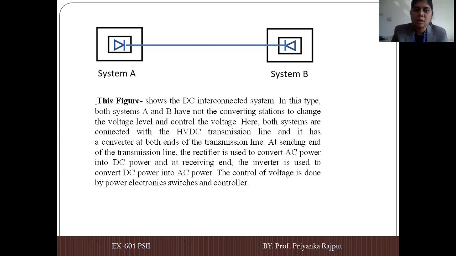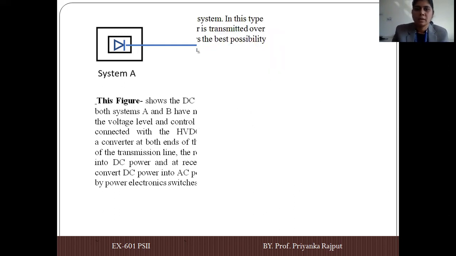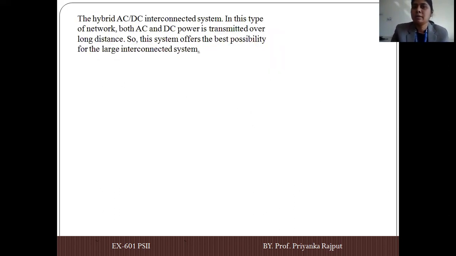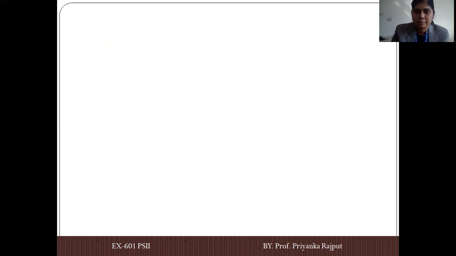At the sending end of the transmission line, a rectifier is used for converting AC to DC power, and on the receiving side, we use an inverter which converts DC to AC. So the control of voltage is done by power electronic switches and controllers. And in a hybrid system, AC and DC are both connected.